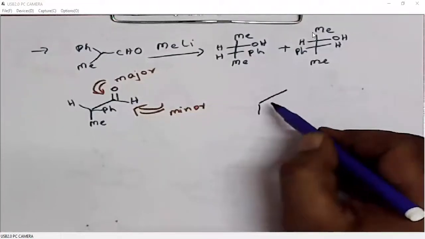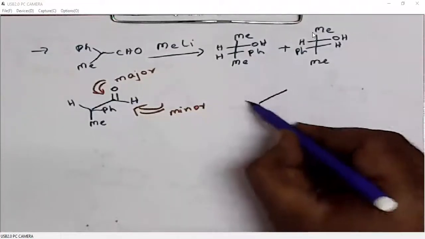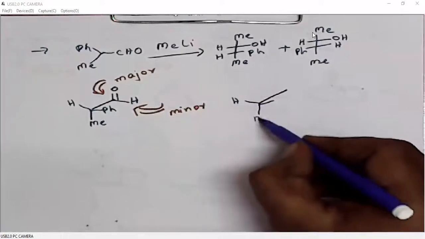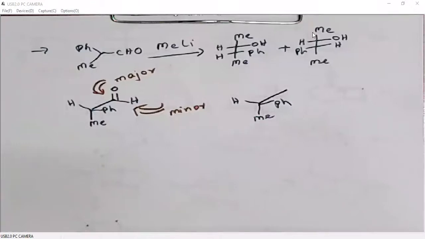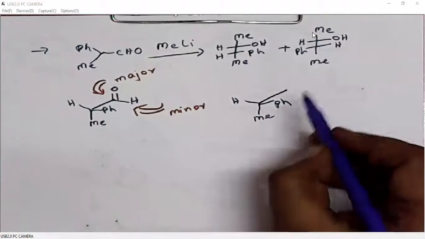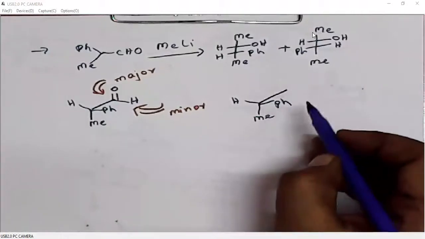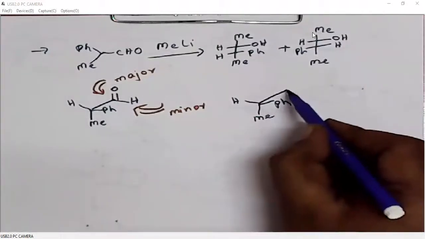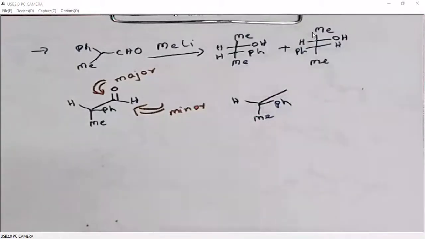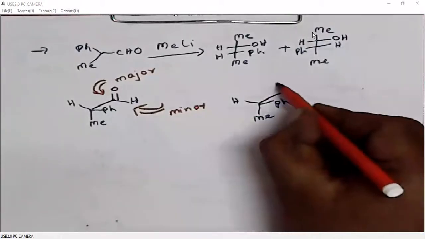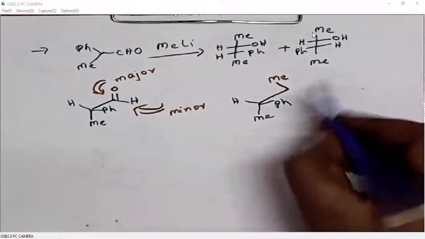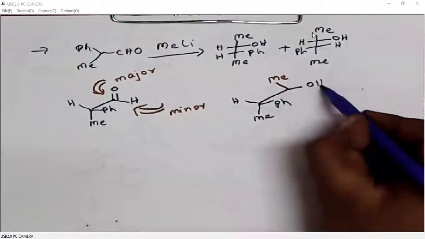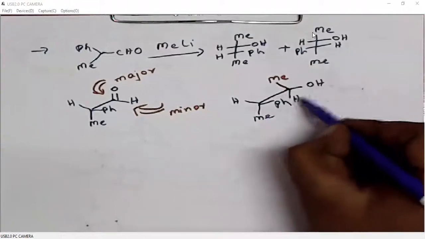When we want to write the Sawhorse projection, when the methyl group is approaching from the hydrogen side, you write like this. So methyl and OH, of course, hydrogen.